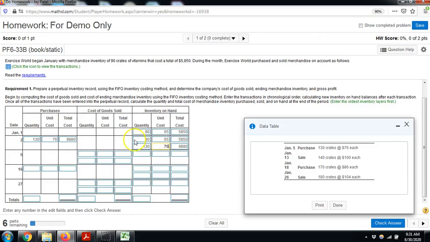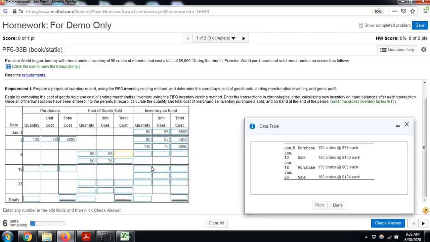Since we only have two, we're going to take all of them from this oldest one and then 50 from this next one. So 90, 50, total of 140, and we're taking 90 from the $65 layer and 50 from this $76 layer.